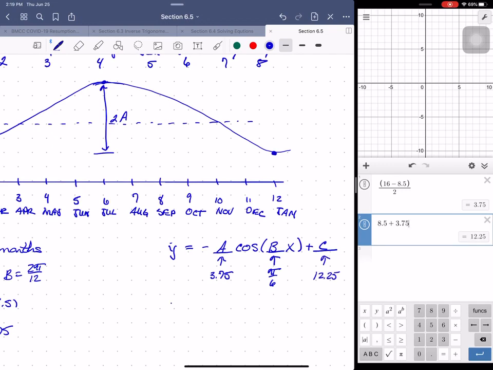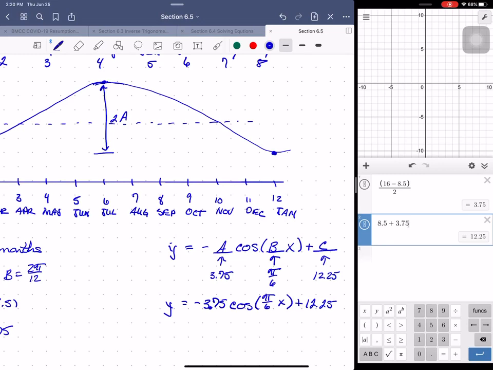So the function that describes the hours of daylight over time in Seattle is negative 3.75 times the cosine of pi over 6 times x plus 12.25.